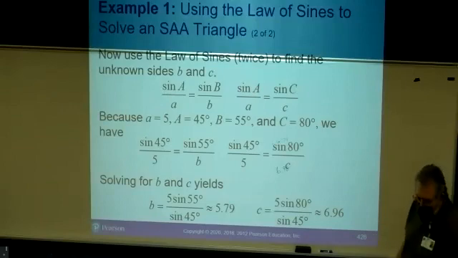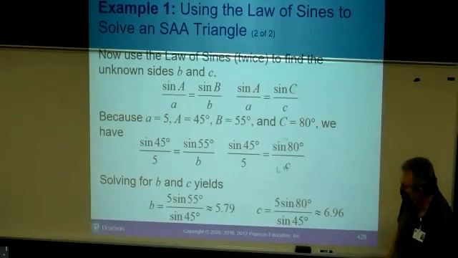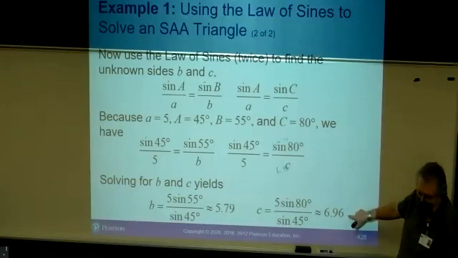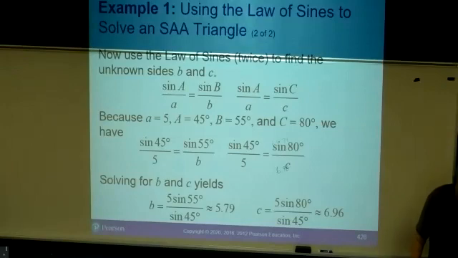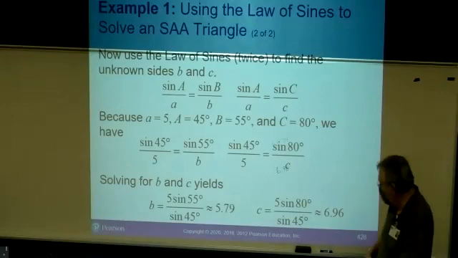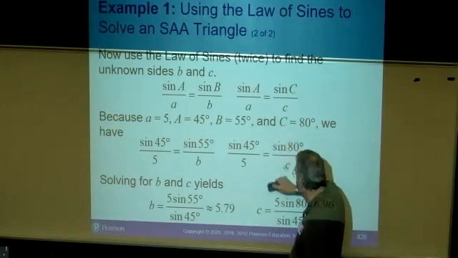I usually go to 4 decimal places when doing my calculations, and then I round my final answer to 2 decimal places. So they got the same number as we have.